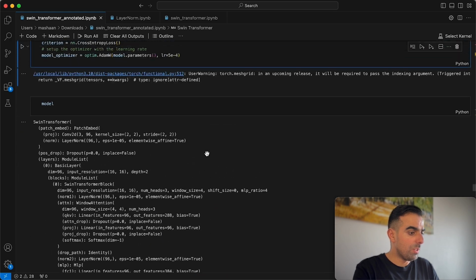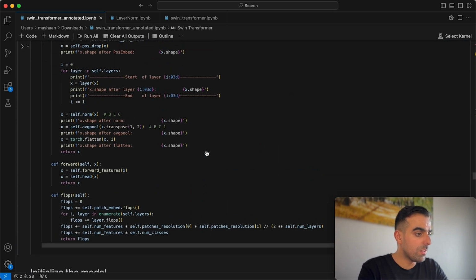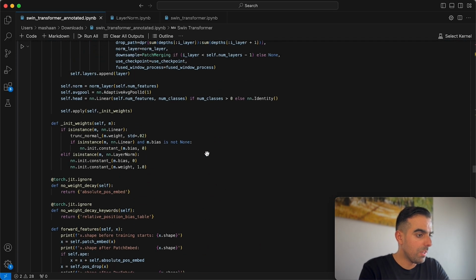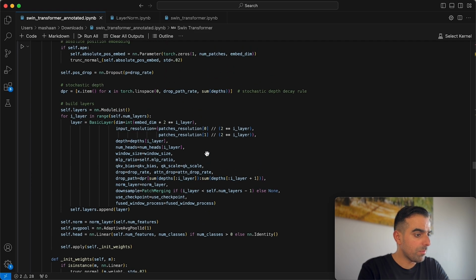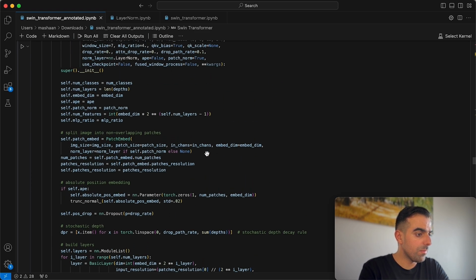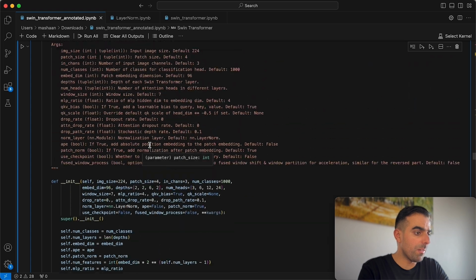So in the code, let's look at where the patch embedding happens. Here, the first thing, split image into non-overlapping patches. It calls patch embedding.